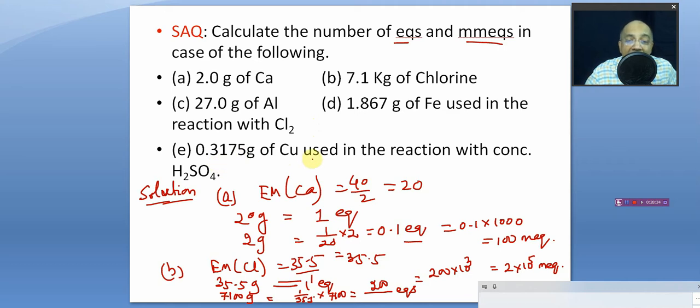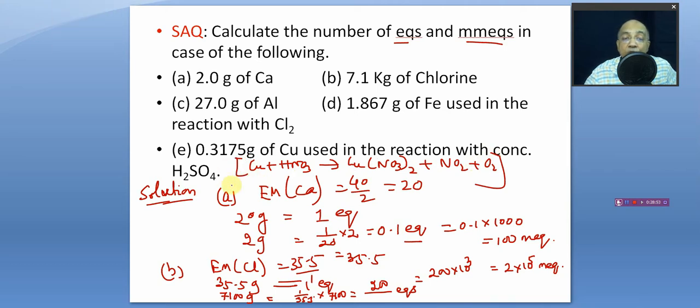Similarly, the last one, 0.3175 gram of copper used in the reaction with conc. HNO3. When copper reacts with conc. HNO3, it gives copper(II) nitrate, so here the valency factor is 2, plus NO2 plus O2. Here the equivalent mass of copper is 31.75.